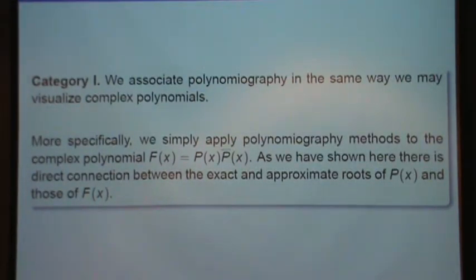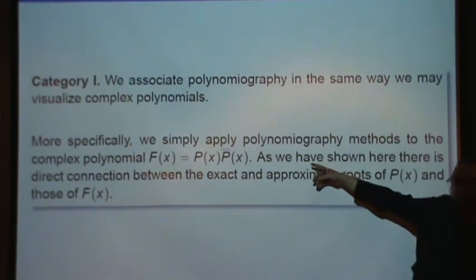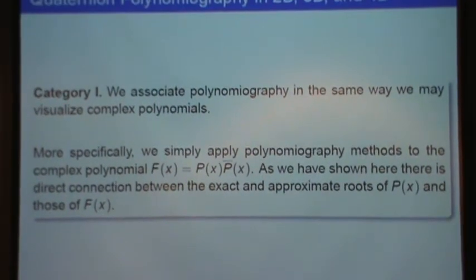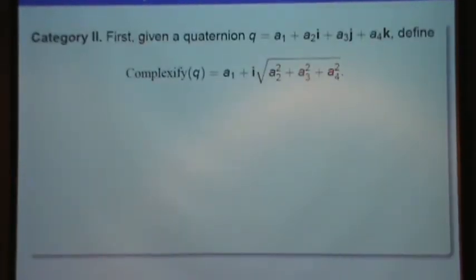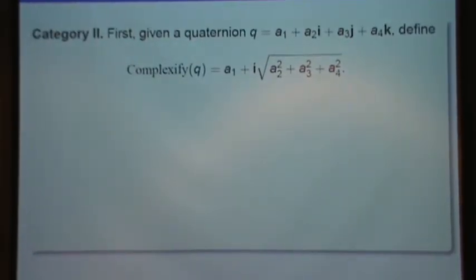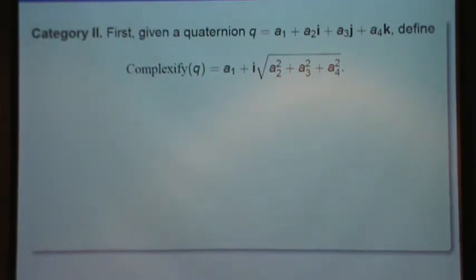I have methods now that I can define a Newton's method and Halley method, etc. I can iterate, and in this category we can simply apply any polynomiography to this method, to this function. And another category is the following. Imagine you take a quaternion Q and you define complexify Q by taking its complex conjugate.